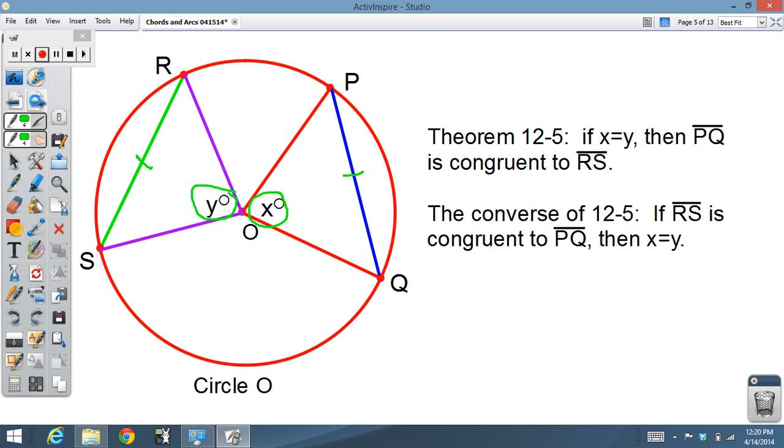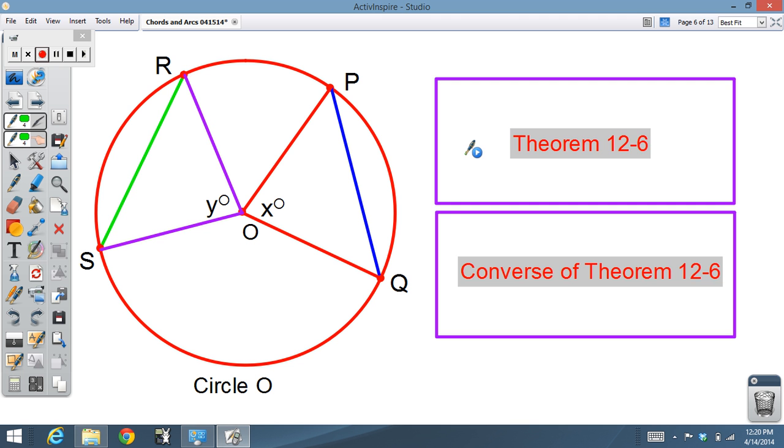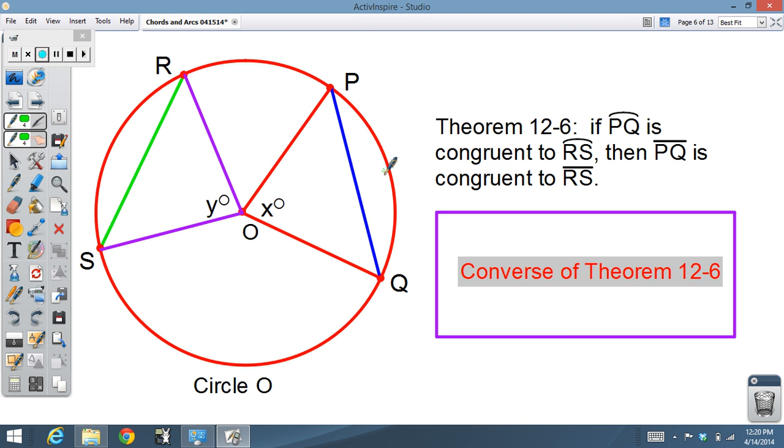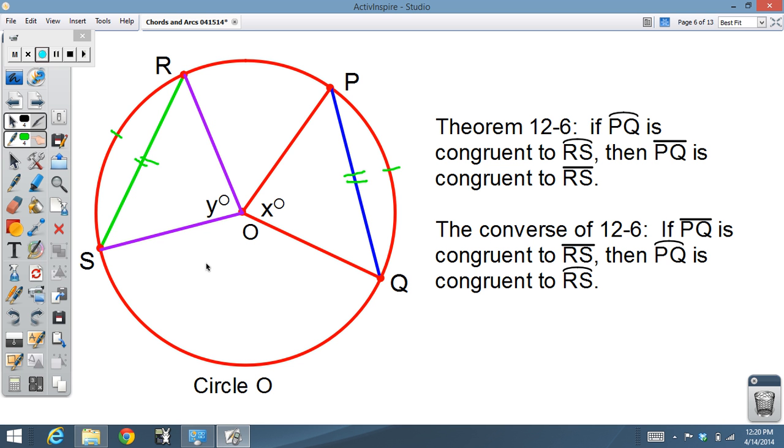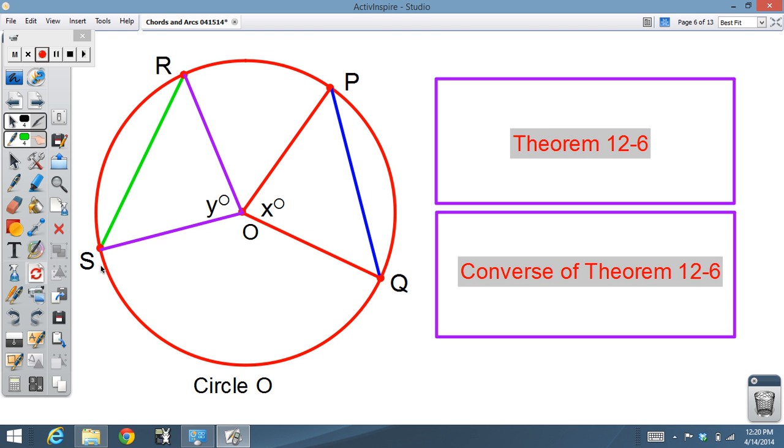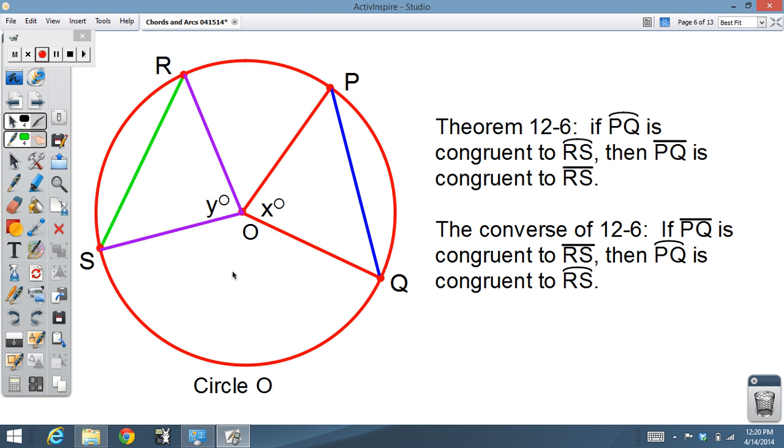And finally, Theorem 12.6 tells us if arc PQ is congruent to arc RS, then segment RS is congruent to segment PQ. Converse as well. If segment PQ is congruent to segment RS, then arc RS is congruent to arc PQ.